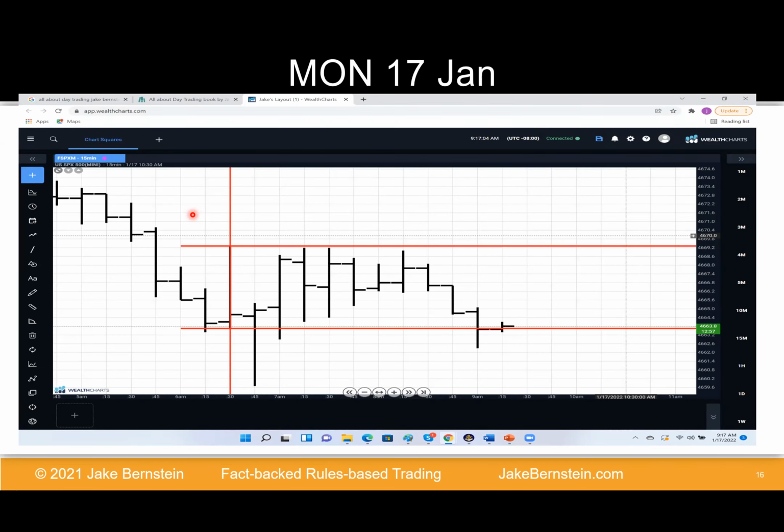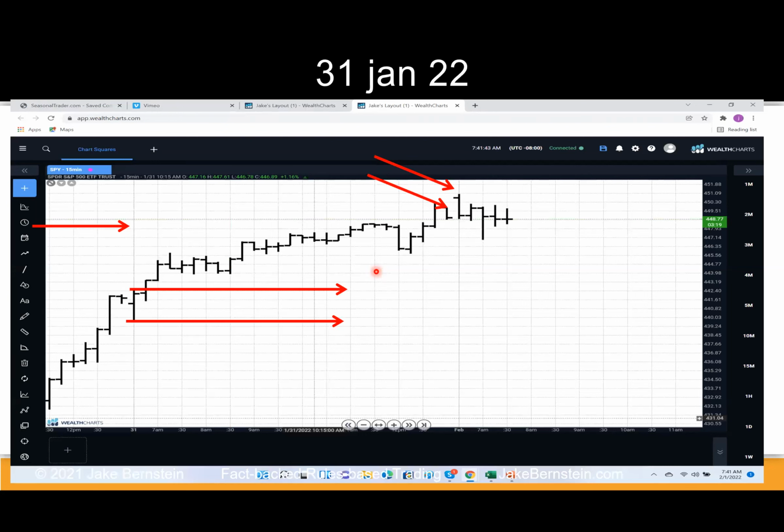So here's another day. First 15 minutes, and you can see up to this point, no buy, no sell, no trade. Here's another one. First 15 minutes, January 31st.